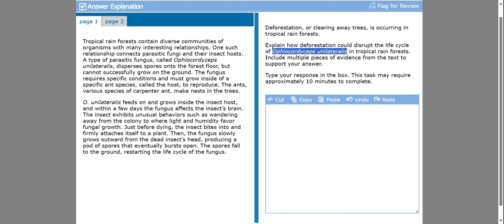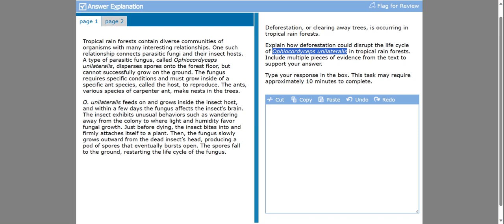If you want to sound it out, go ahead and sound it out with me. But it's not so important to know what that is, because the passage is going to tell you what it means. What is important is that you're going to explain how deforestation could disrupt the life cycle of this in tropical rainforests. So that's the focus here.